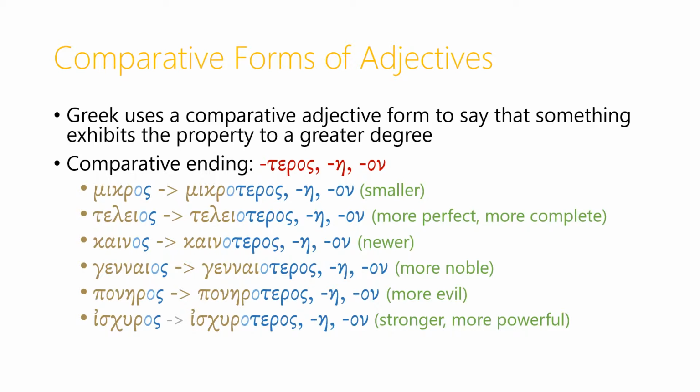Teleios, meaning perfect or complete, becomes teleoteros, meaning more perfect or more complete. Kainos becomes kainoteros. Genaios becomes genaioteros. Poneros becomes poneiroteros. And iskuros, meaning strong, becomes iskuroteros, meaning stronger or more powerful.